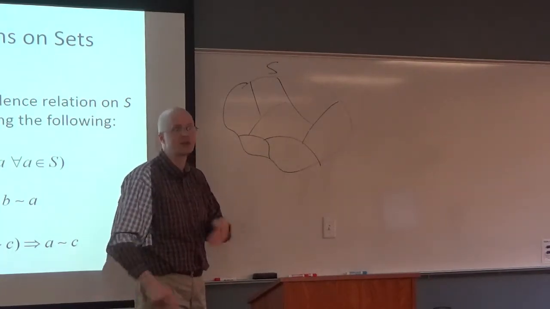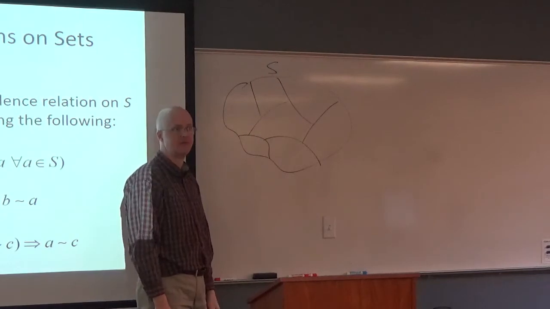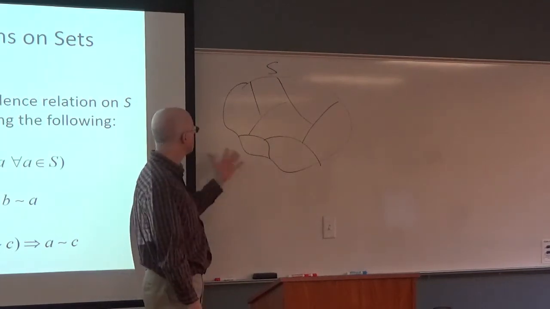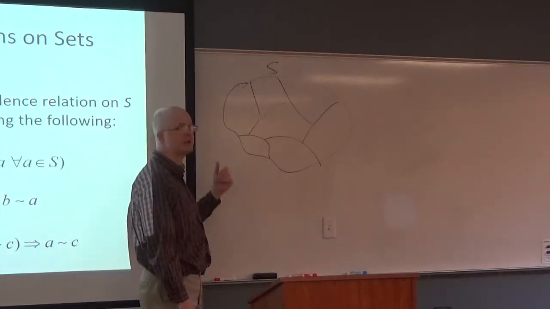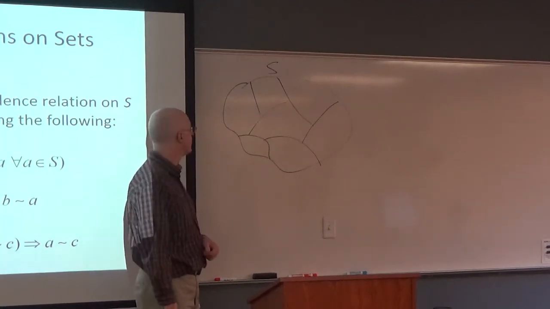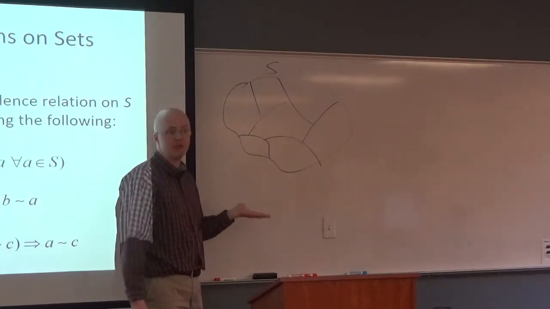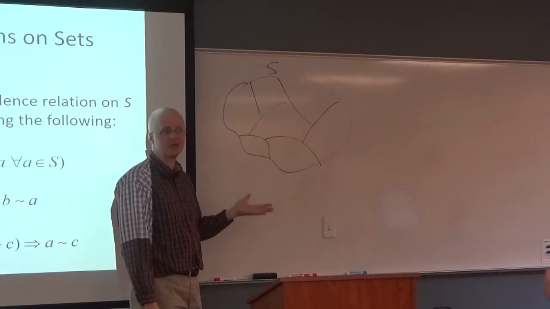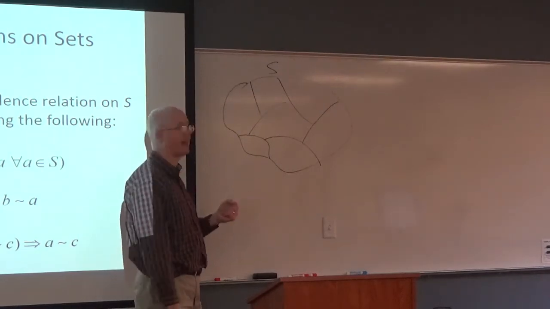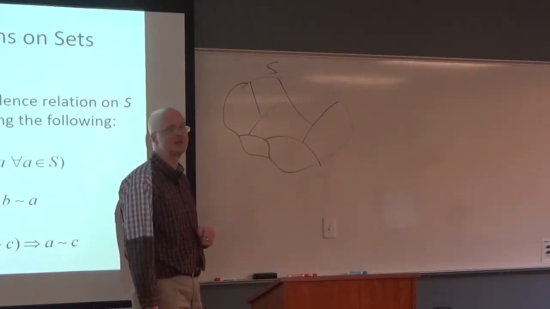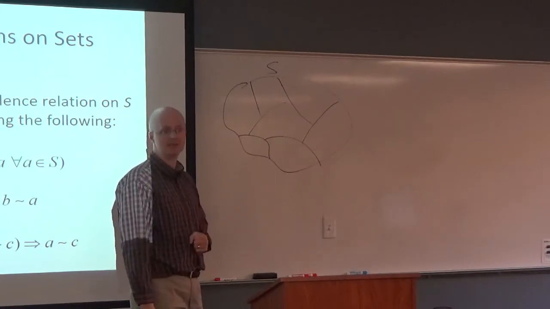It's the wall that separates the sets, so to speak. And if you take the union of all these sets, you get the original set. That's a finite partition. You can have infinite partitions as well. Partition a set, it would have to be an infinite set S, into infinitely many pieces. That's possible too.